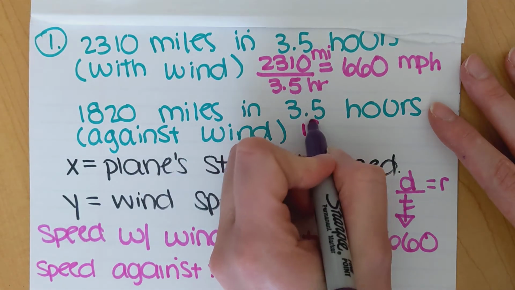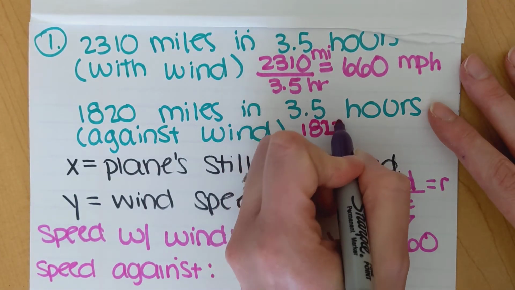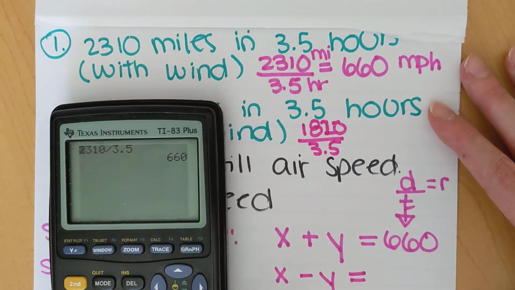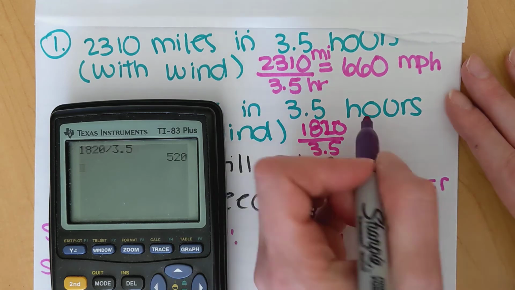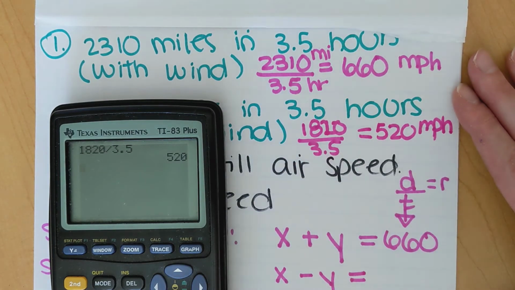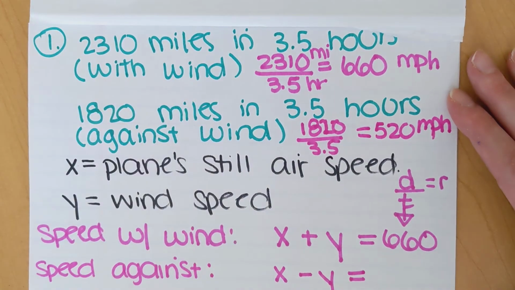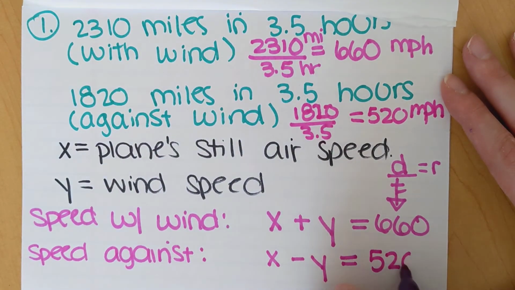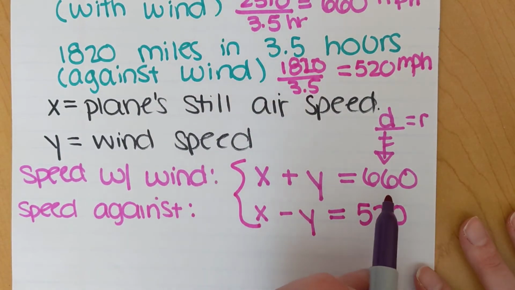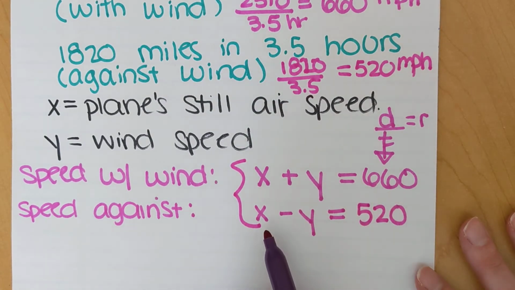So you'll take the 1,820 divided by the 3.5, and that will give you that it's 520 miles per hour against the wind. And so that becomes your linear system. The x plus y equals 660, and then the x minus y equals 520.